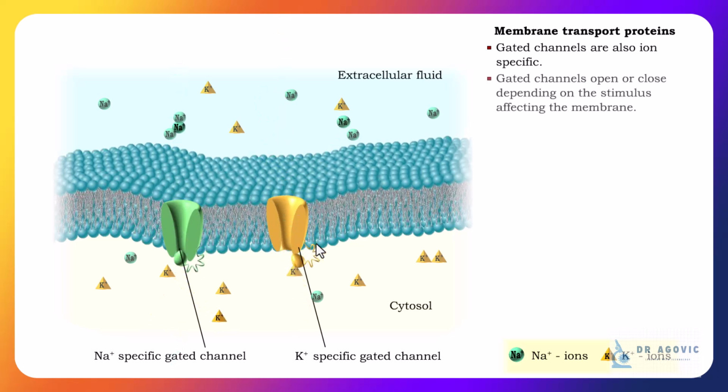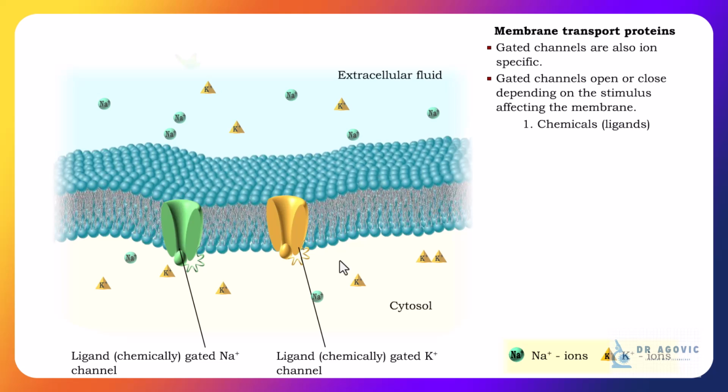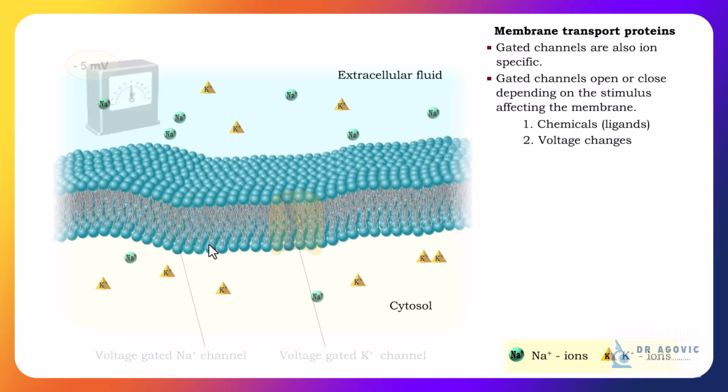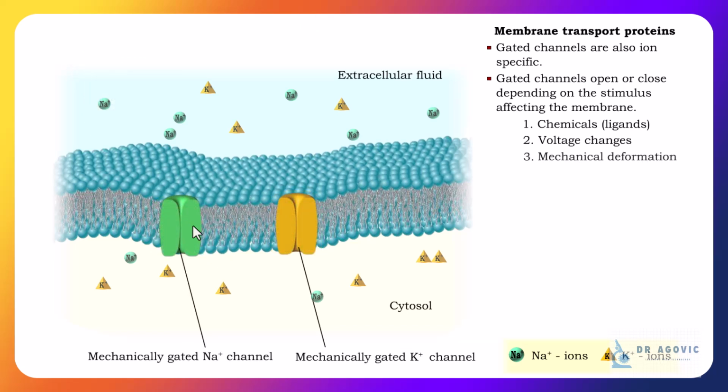Gated channels are dependent on any of three different stimuli applied to the membrane in order to open and close them. They're affected by certain chemicals, changes in voltage, or mechanical distortion.